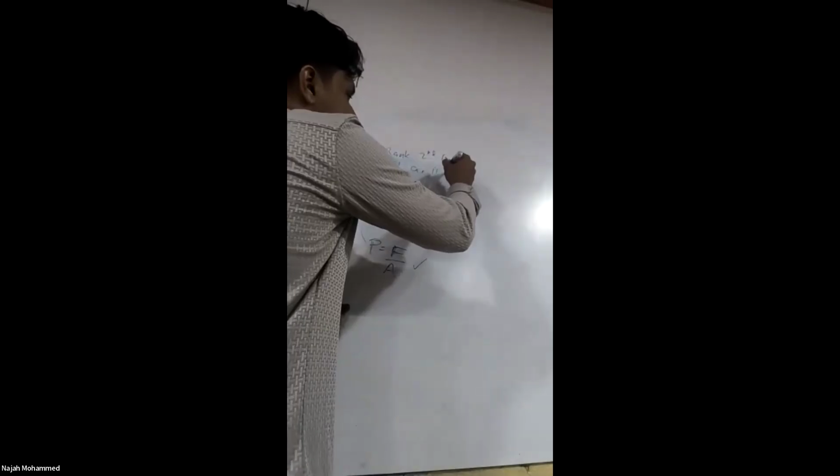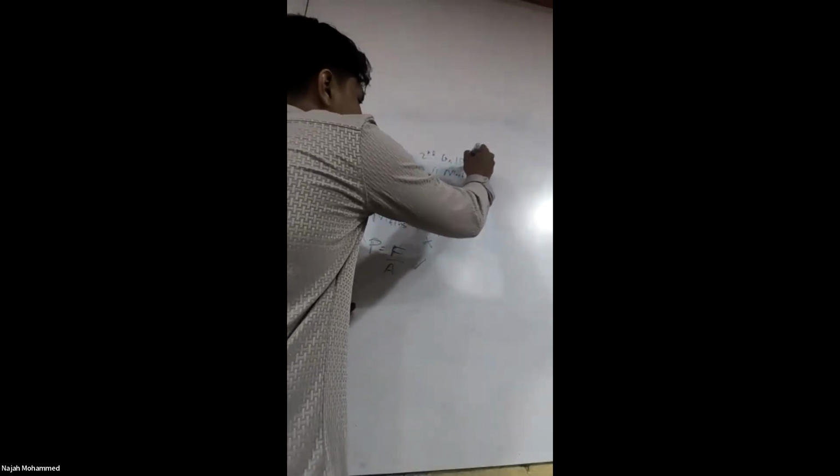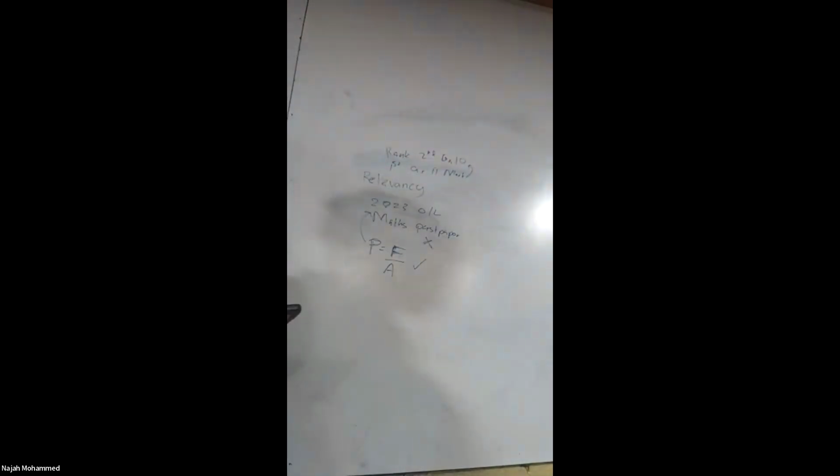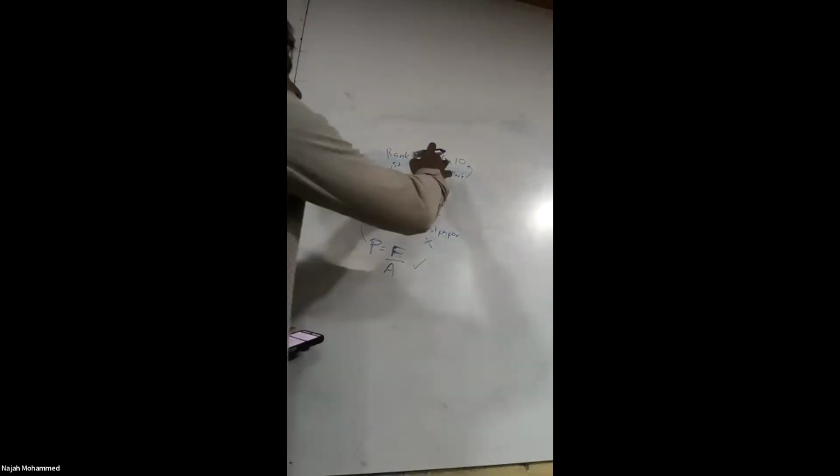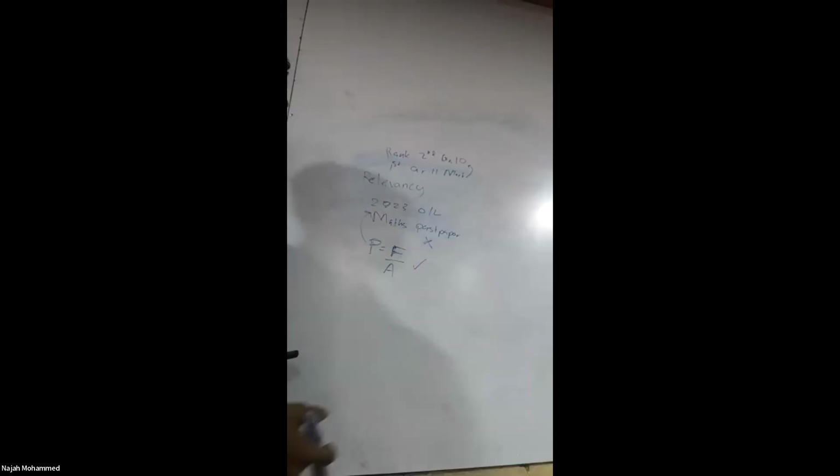Will you get correct information? Is it relevant? No, right? You're comparing your grade 11 first term marks with all the students' grade 10 second term marks. That's not relevant at all. There is no connection between those two.